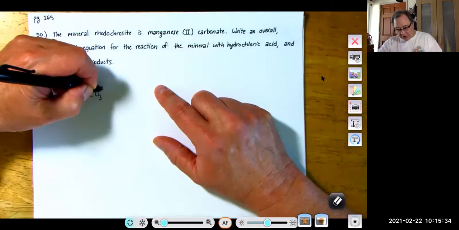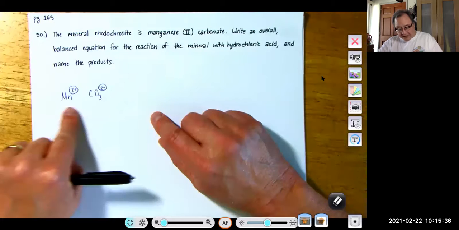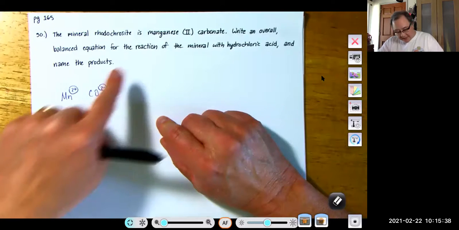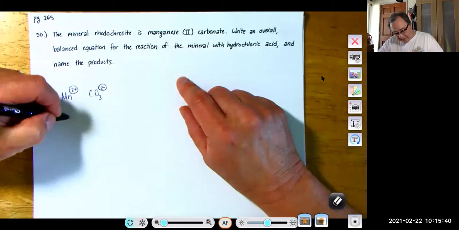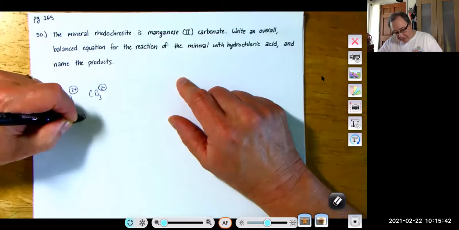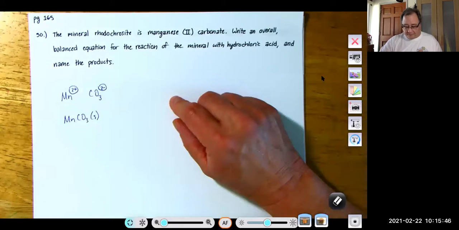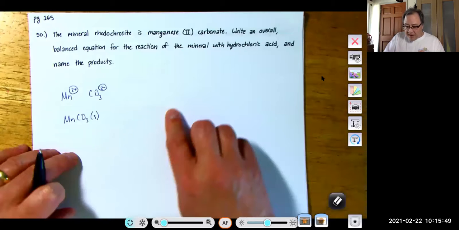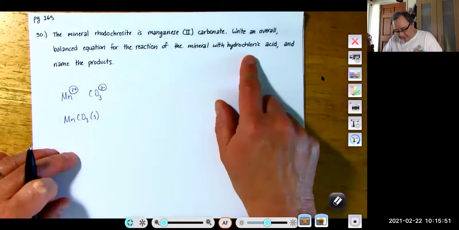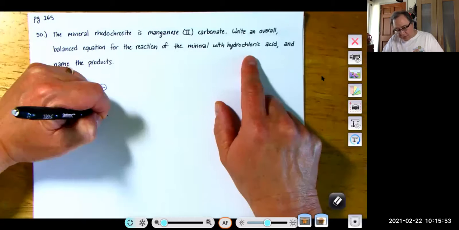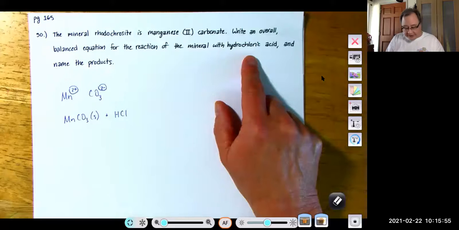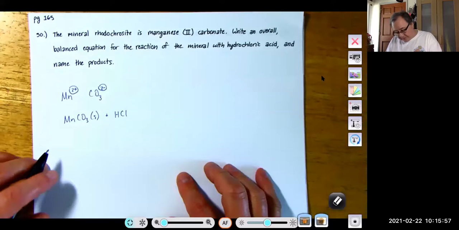So the formula for this manganese(II) carbonate is MnCO3. And we know it's a solid because carbonates are not soluble. Now this is going to react with hydrochloric acid. And whenever they say hydrochloric acid, we're just going to assume that it's an aqueous solution.